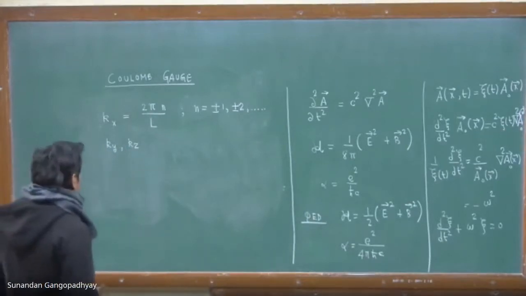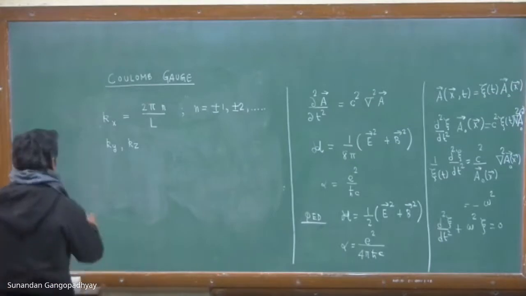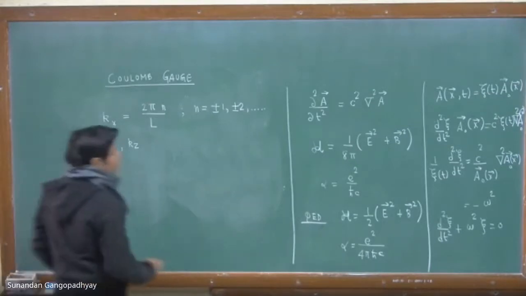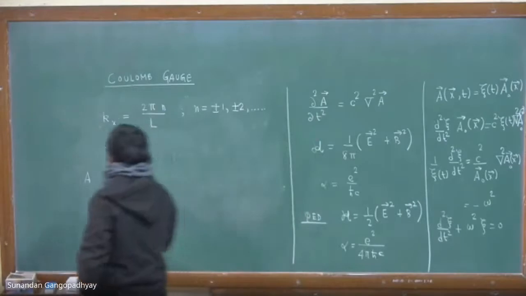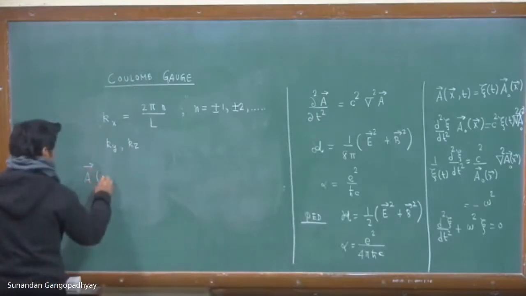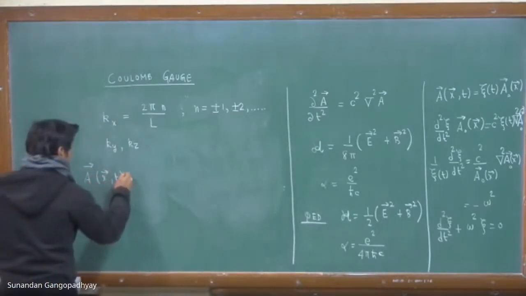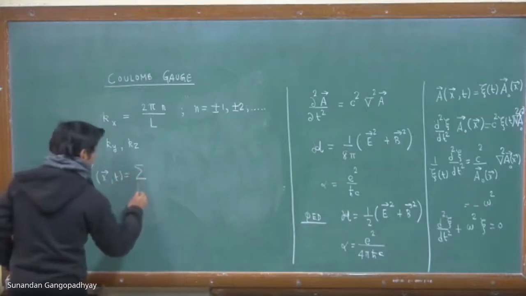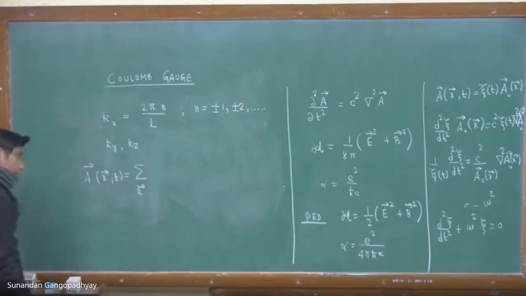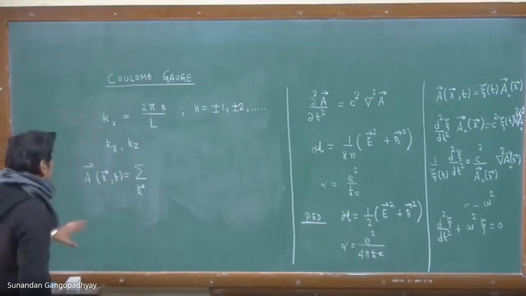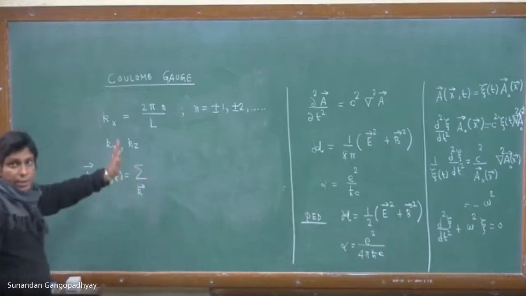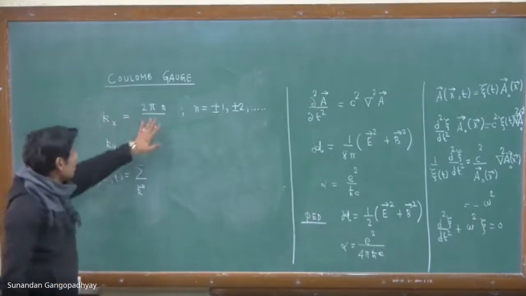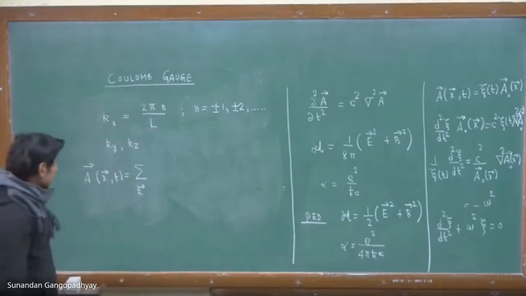And once you have this, now you can write down the full solution for your a vector. So a vector can now be written as summation over k vector, where k vector takes the discrete values, kx is given by this, and so on, ky and kz.